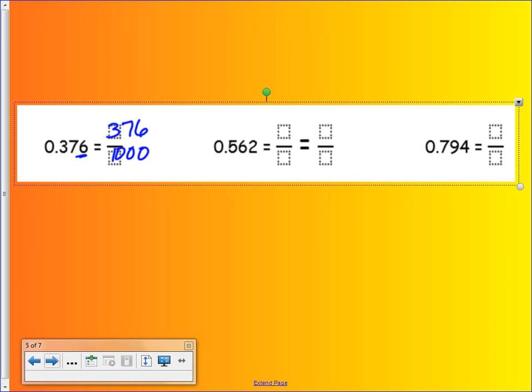This one can be read as 562 thousandths, so we write it over 1,000. And then since there's a spot here to simplify, we'll go ahead and simplify that. We'll just divide by 2 for now.